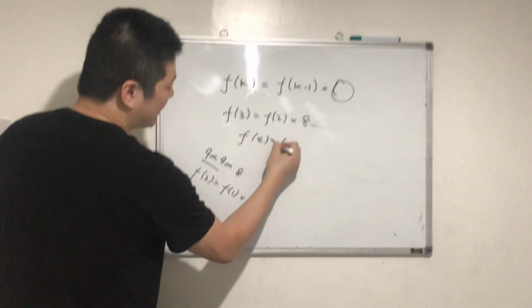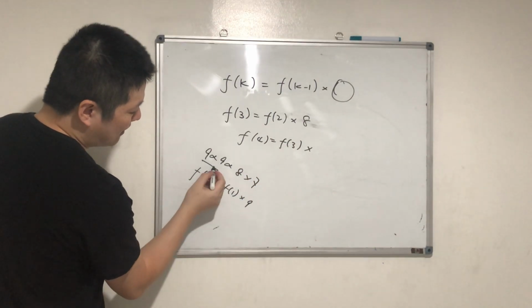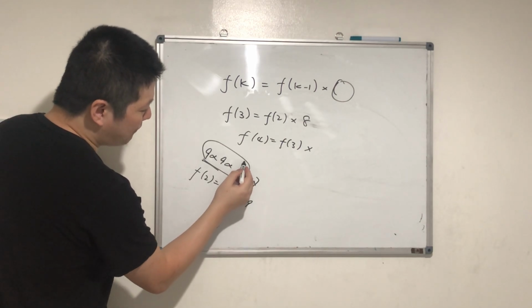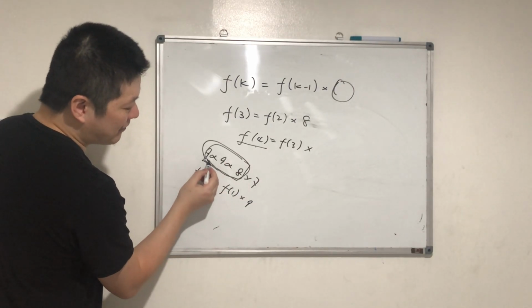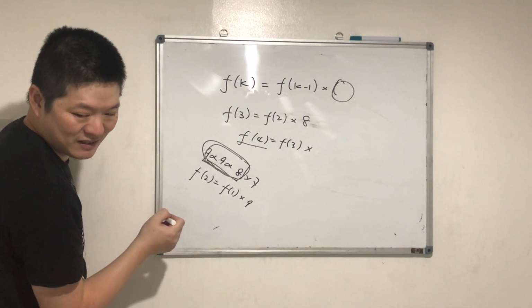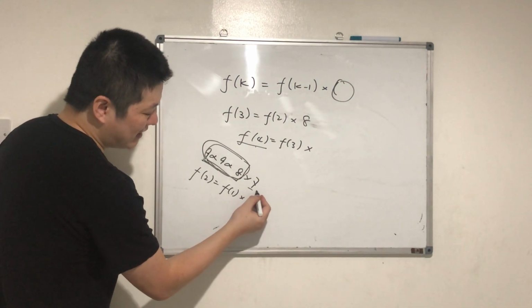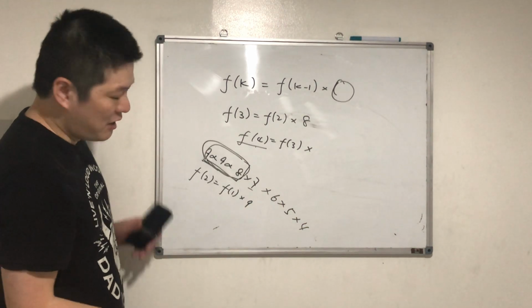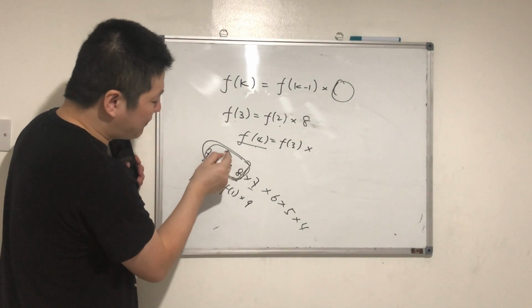F4 equals F3 times what? This is F3, and this is F4. F4 equals F3 times the last one. What's the last one? Look, F3 equals F2 times 8.